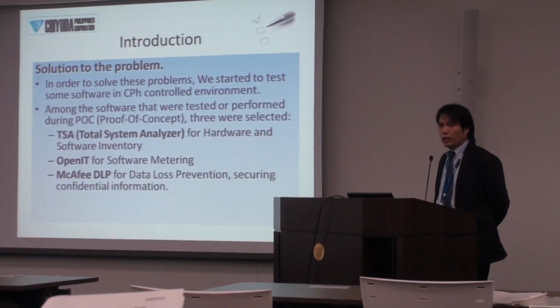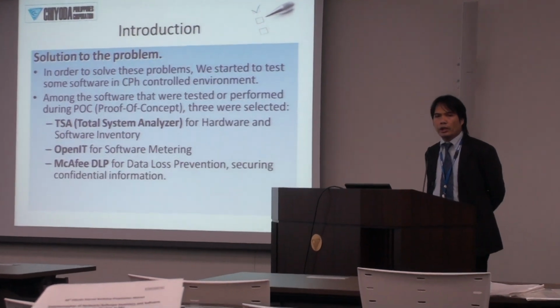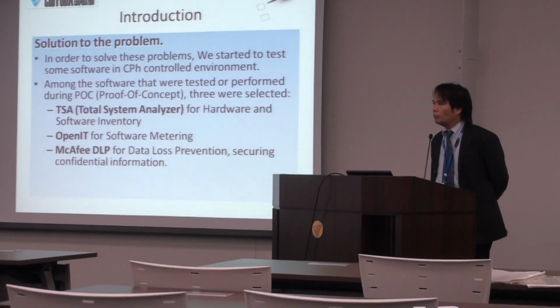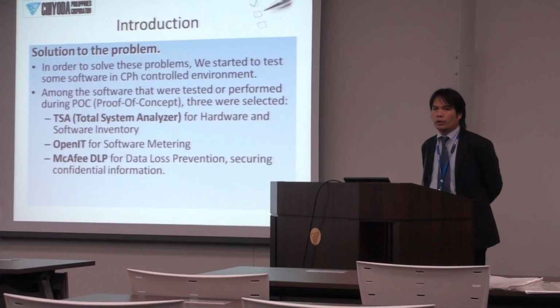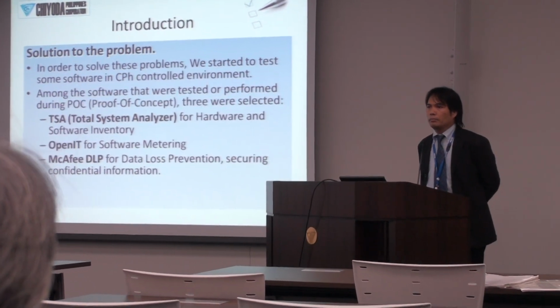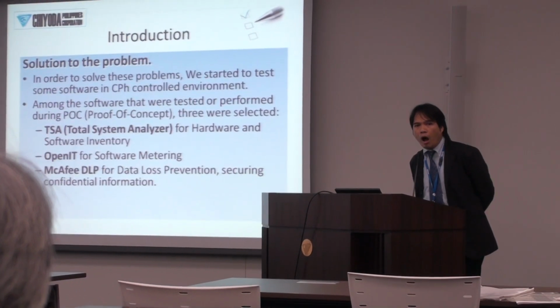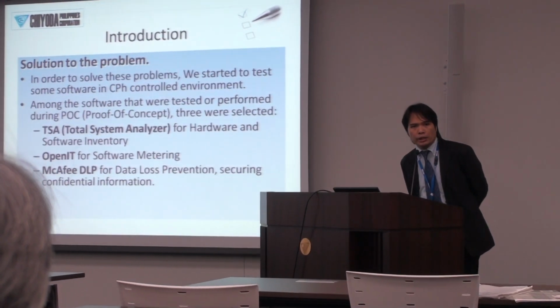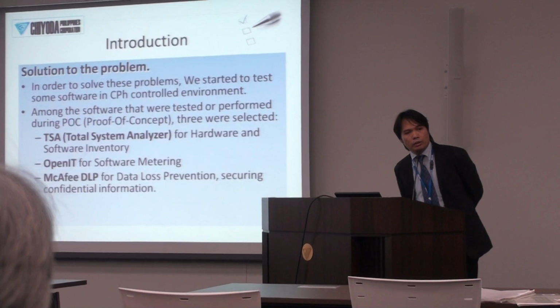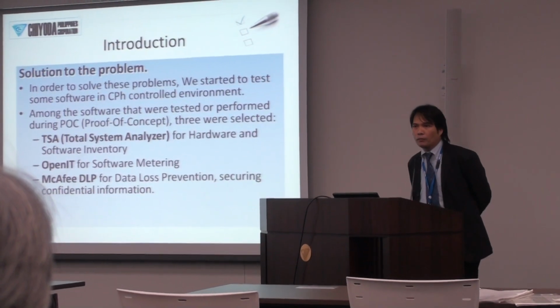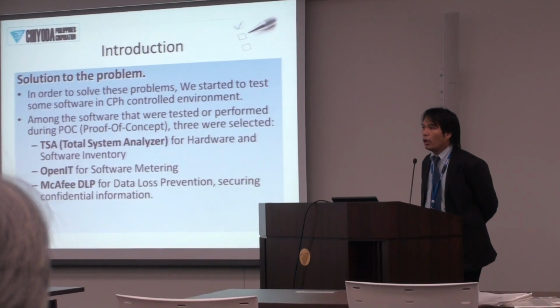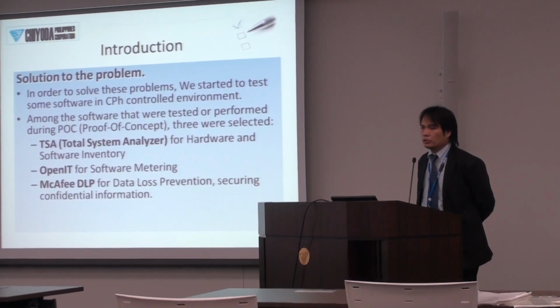The Total System Analyzer is basically checking what is installed on your computer, on your PC, what models, what serial number, how much disk space remaining on your computer, and of course, how much RAM memory is installed.